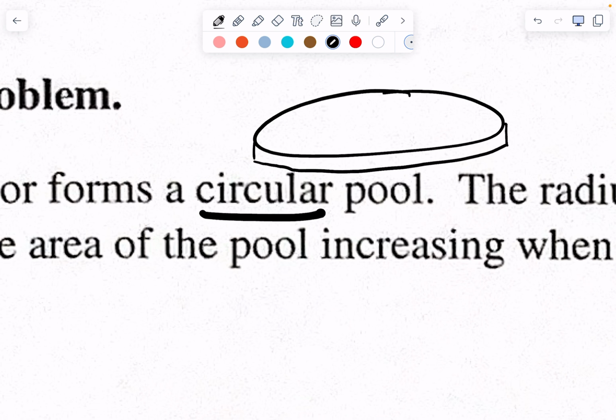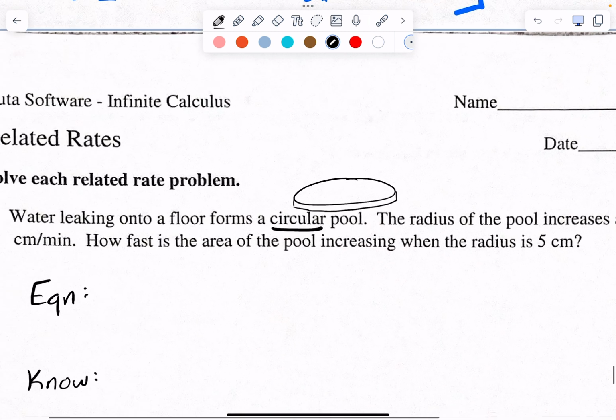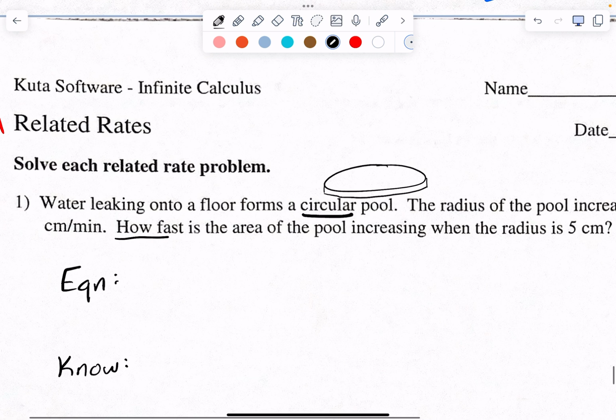But in this case, they're just looking for the area of the top of it. The radius of the pool increases at a rate of blah, blah, blah. How fast is the area of the pool increasing? So we're only talking about the top area, not taking into consideration that there is a depth to this water. Make sense? All right, so we're just talking about the area of the pool.